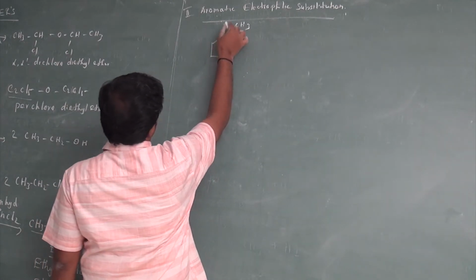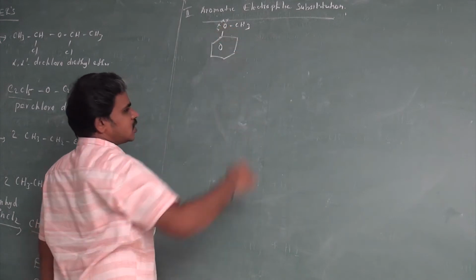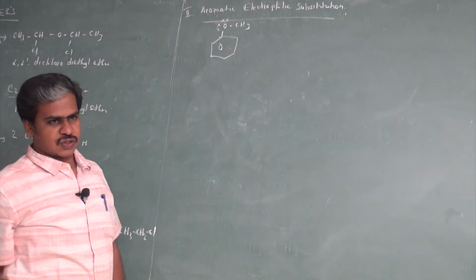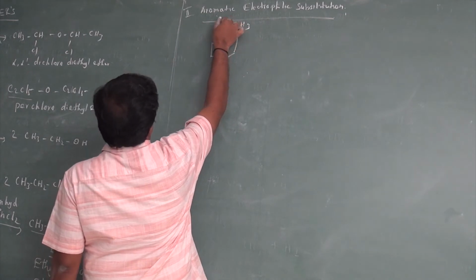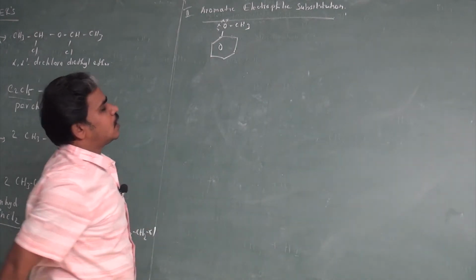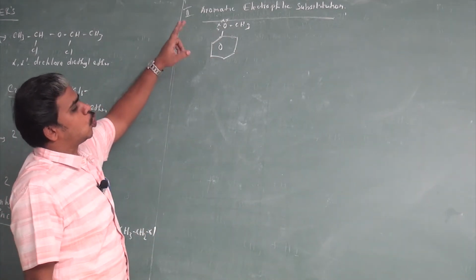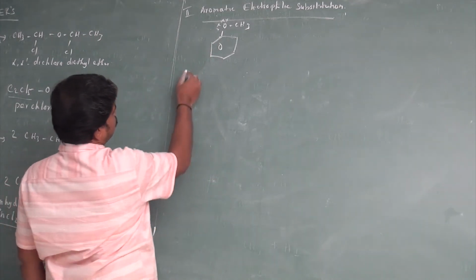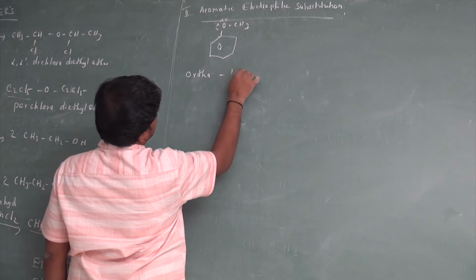The benzene group is attached with oxygen. Oxygen contains 2 lone pairs. We already discussed this. If any lone pair is present on the atom attached to that benzene group, then it may act as ortho and para directing. So what is ortho here? Ortho means 1, 2 positions.